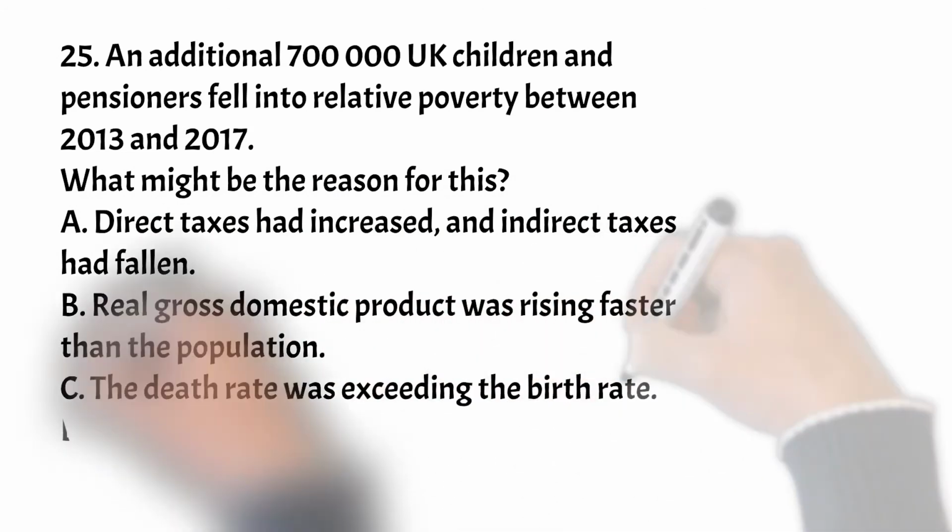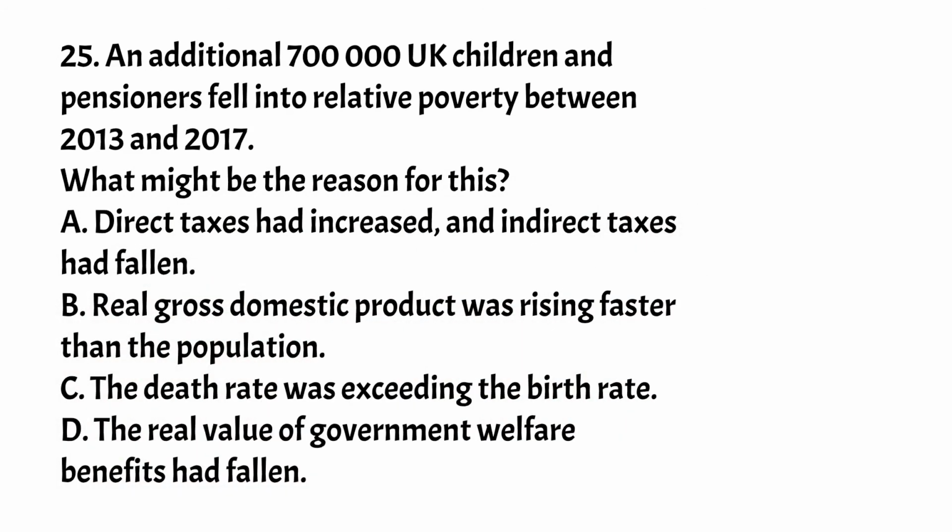Question 25. An additional 700,000 UK children and pensioners fell into relative poverty between 2013 and 2017. What might be the reason for this? A. Direct taxes had increased, and indirect taxes had fallen. B. Real gross domestic product was rising faster than the population.